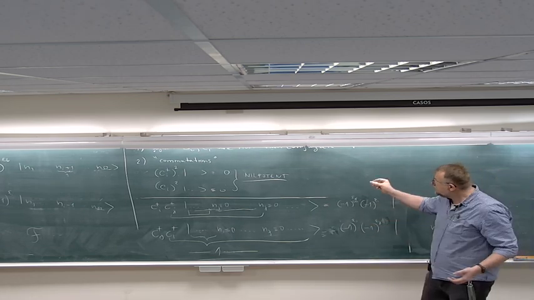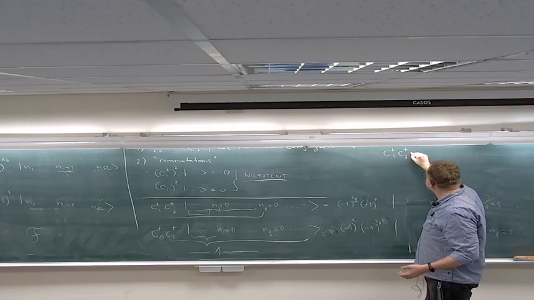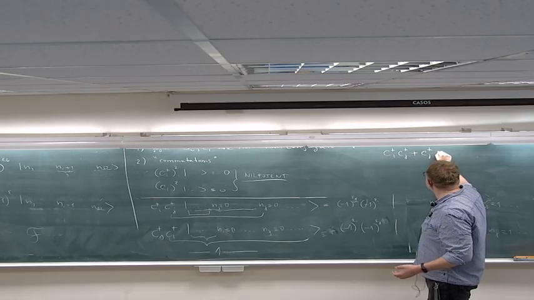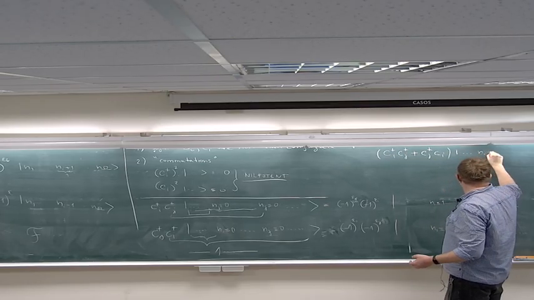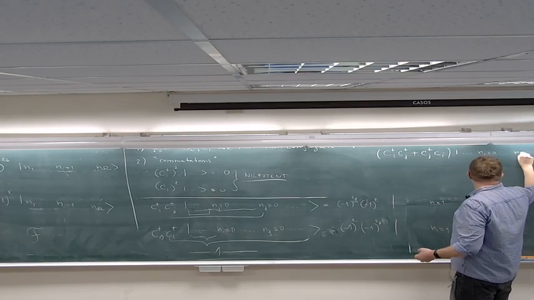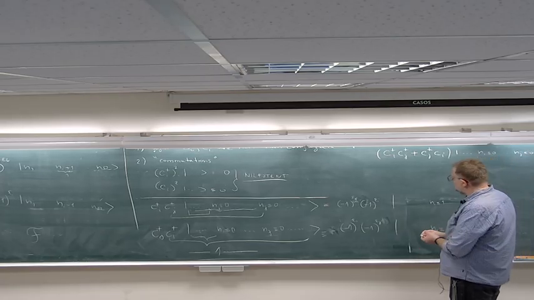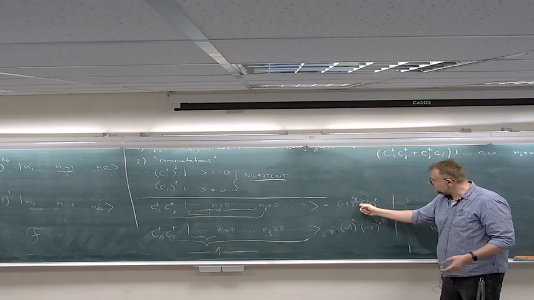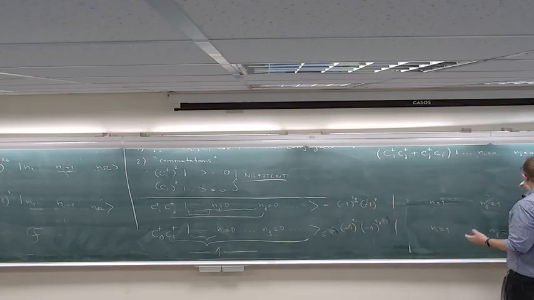Right? Now if I take C dagger I, Cj dagger plus Cj dagger C dagger I, acting on this vector, then I'm having something here and minus something here. So by addition, I'm getting directly a 0.